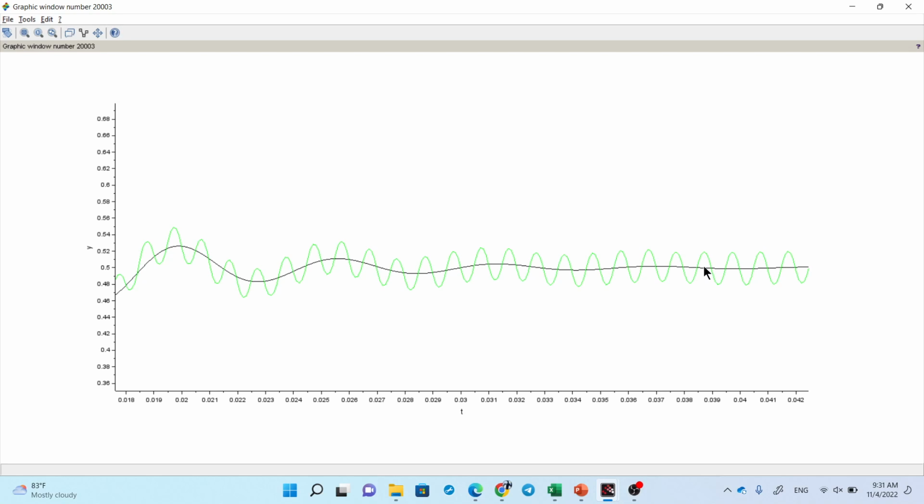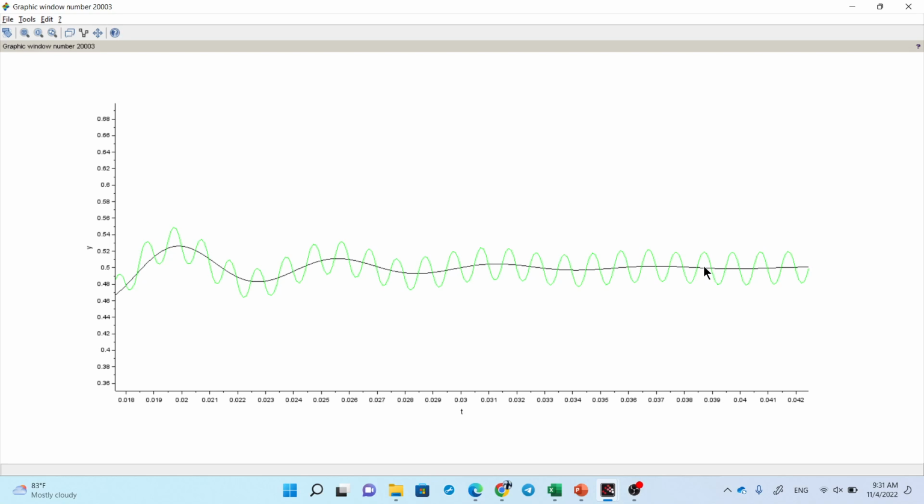Okay, so first try to understand the term periodic steady state. If you look from the beginning, we call it transient. It transits from 0 to a certain value.